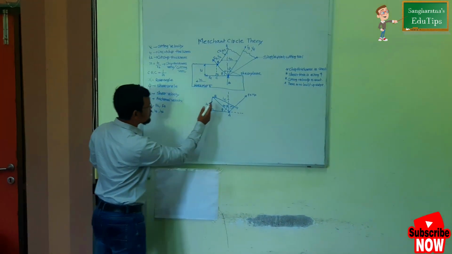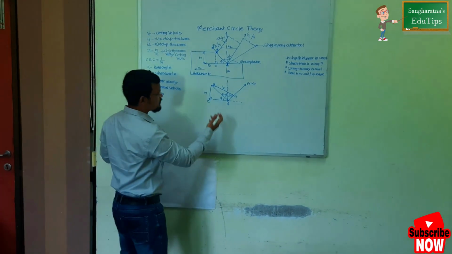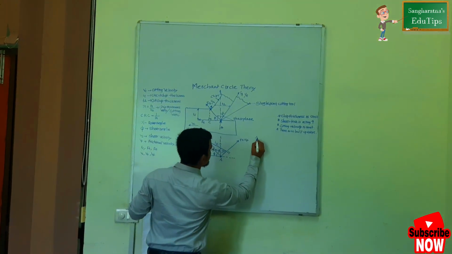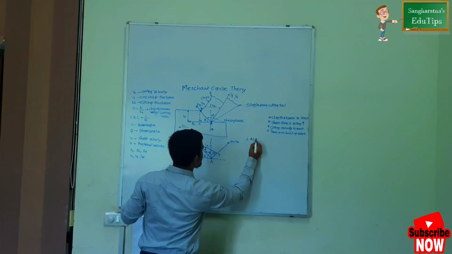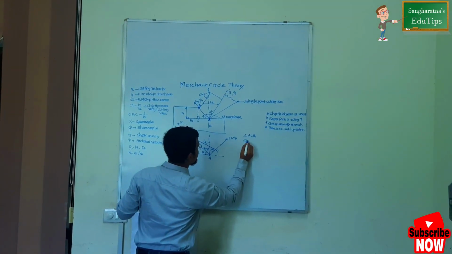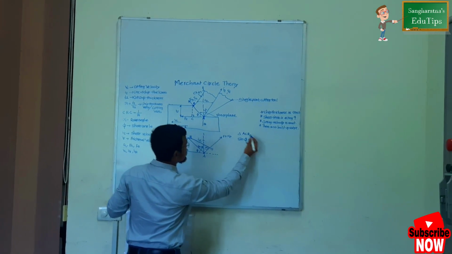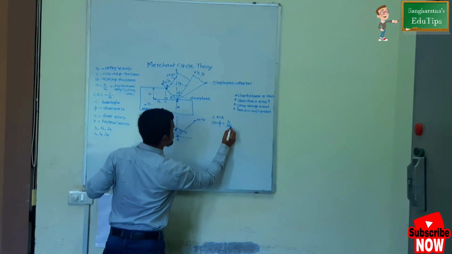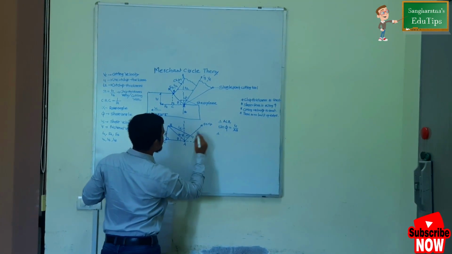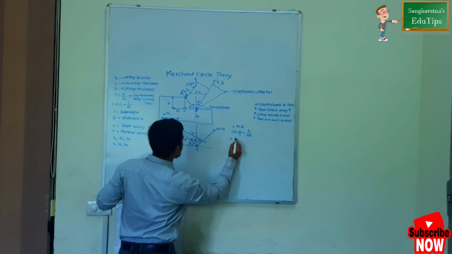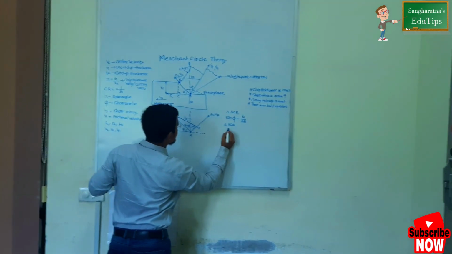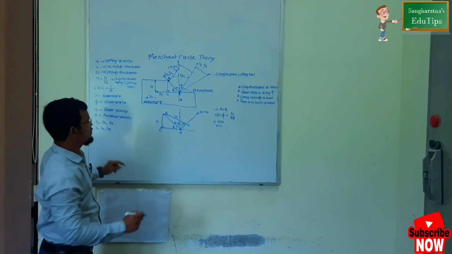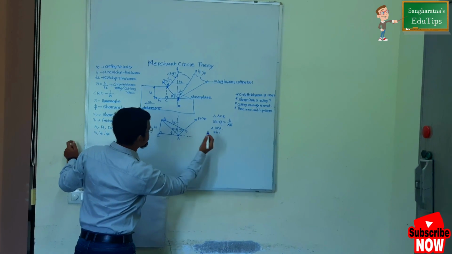How are we going to calculate T1 and T2? We use simple geometric equations. From triangle ACB, sine of phi is equal to opposite upon hypotenuse, so sine phi equals T1 upon AB. From triangle BDA, this angle will be 90 minus phi plus alpha.